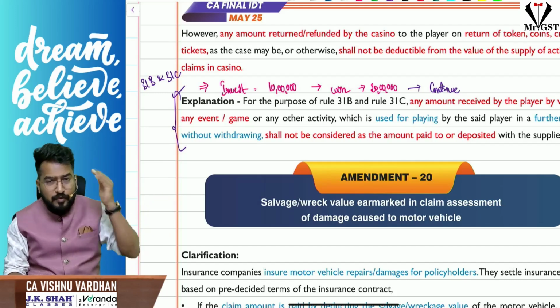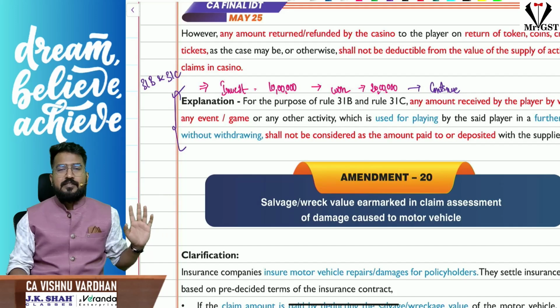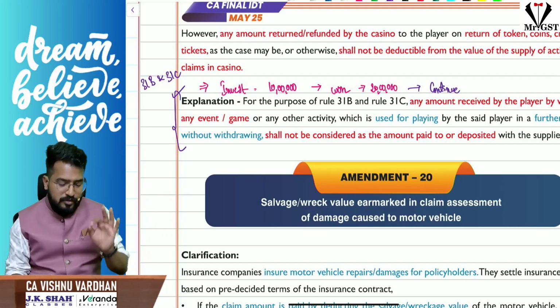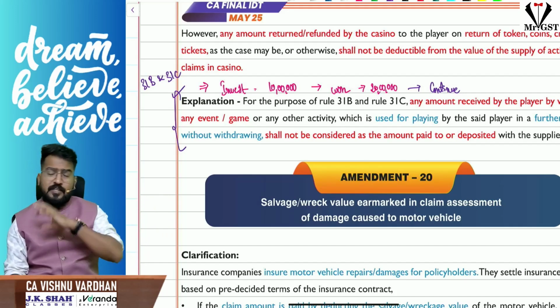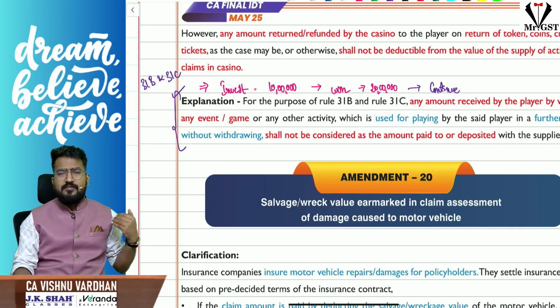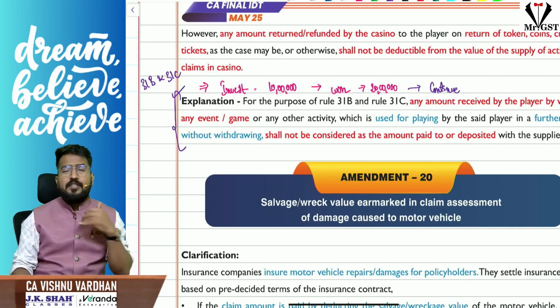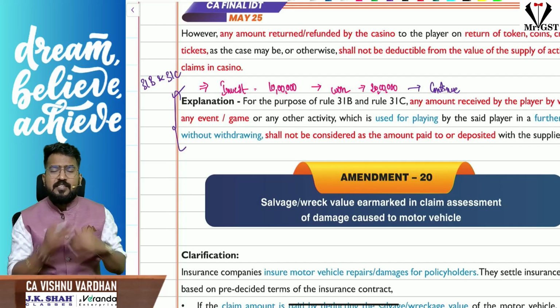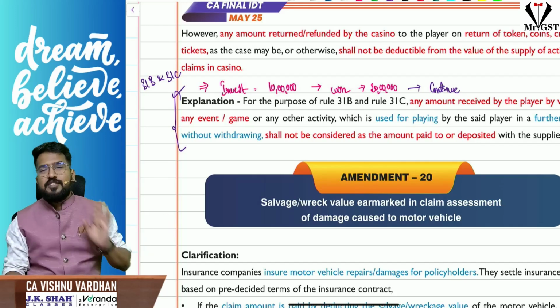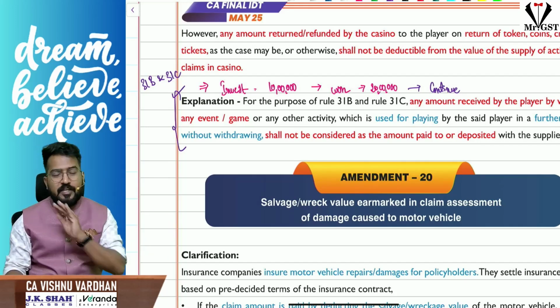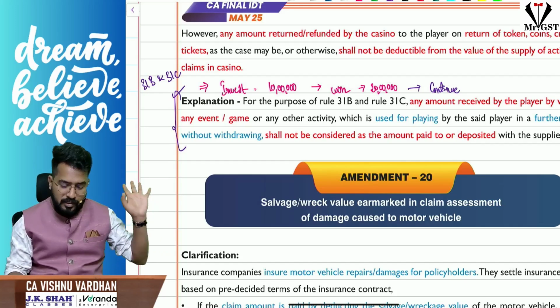But if you withdraw and again put it back, then only we will charge GST. So out of the 10 lakhs you made it 100 lakhs, out of 100 lakhs you are withdrawing 40 lakhs, and then you are playing. So after playing, entire balance 60 lakhs you lost, now again you are depositing 40 lakhs to play, that 40 lakhs will be again subjected to GST. Okay, so that is the concept.